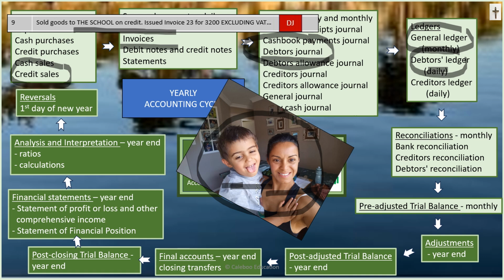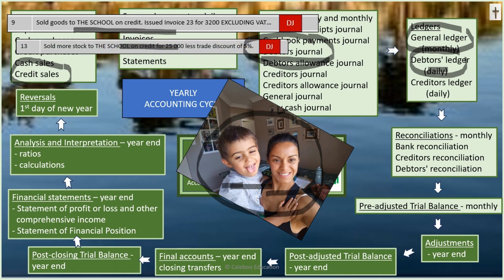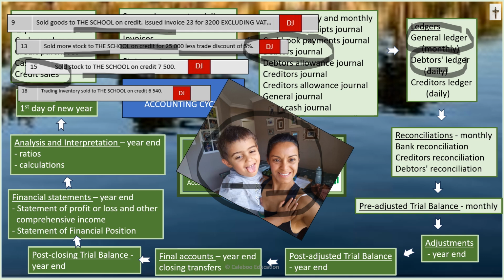Sold goods on credit, sold more stock to the school. We look at a discount that was given, trade discount. Some more stock was sold. Trading inventory sold to the school. So we're going to have a look at credit sales here.